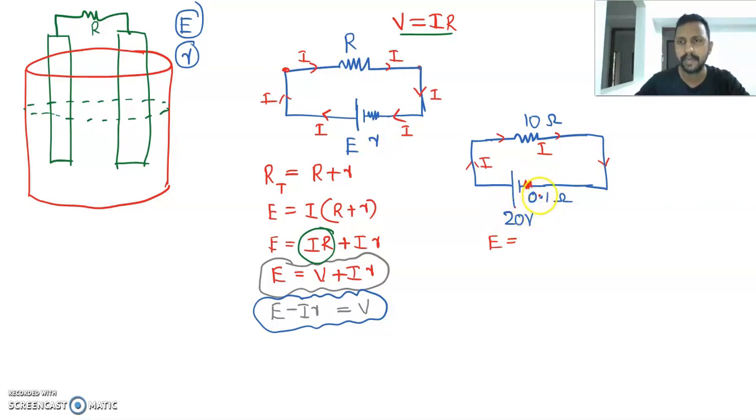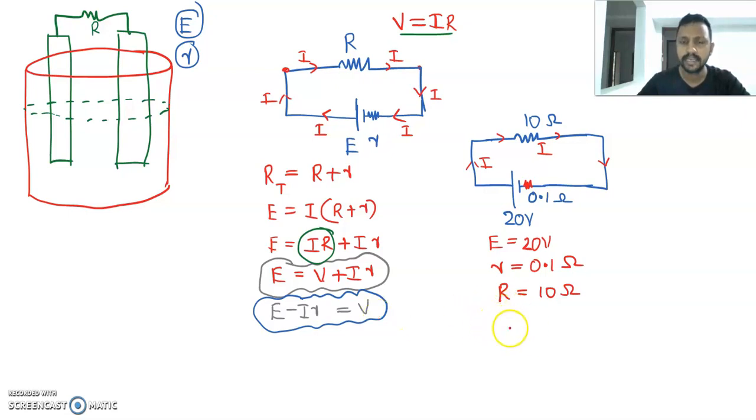A 20 volt battery means 20 volt is its EMF. Small r in this case is 0.1 ohm. The external resistance is 10 ohm.